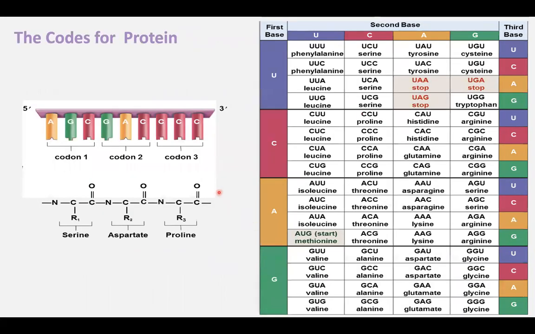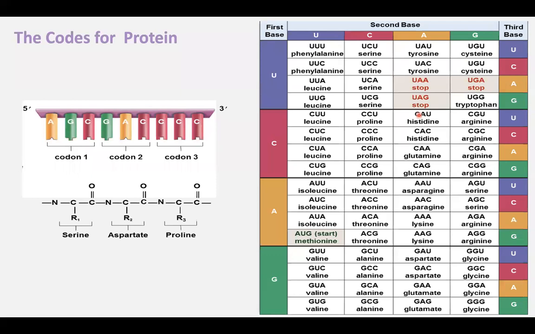Okay, the codons for stop and go. To start translation, it will start with AUG. Codon AUG is the start codon. For the stop codons, I always tell my students UAA, UAG, UGA. Always remember that.